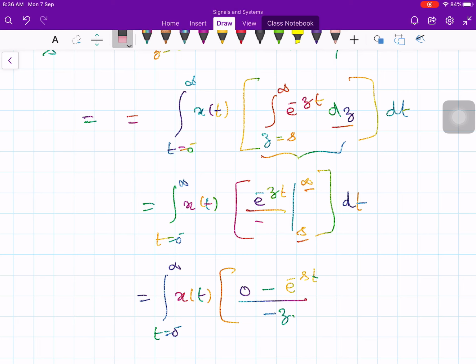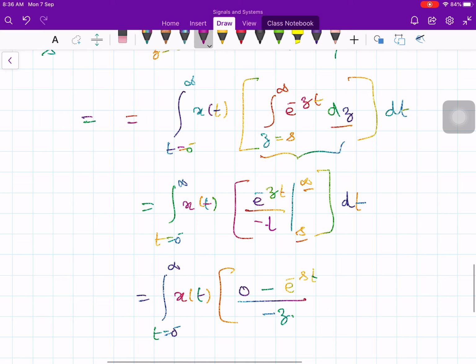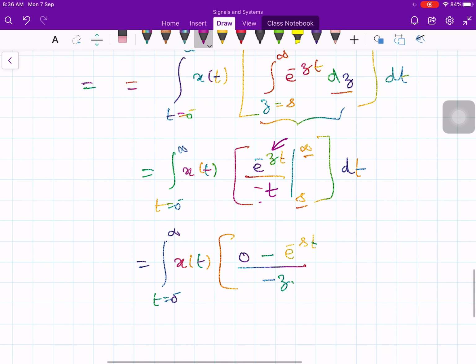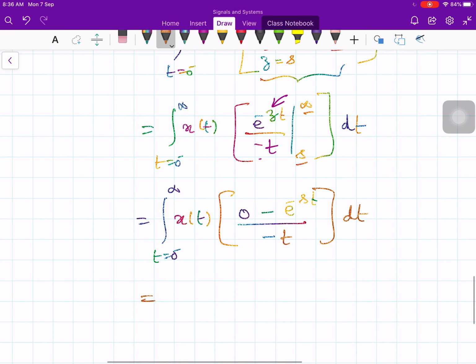The integration is with reference to z, therefore the denominator is minus t. Fine. Minus t, that's it, and dt. So this is equal to the integral from t equals 0 minus to infinity, minus times minus gives plus, of x(t) by t e to the minus st dt.